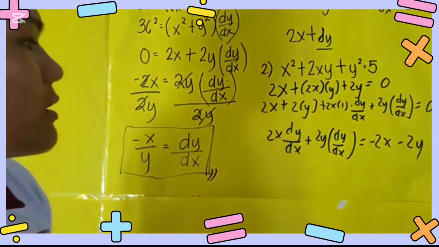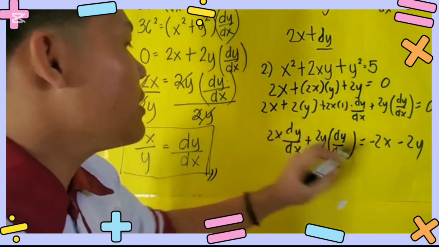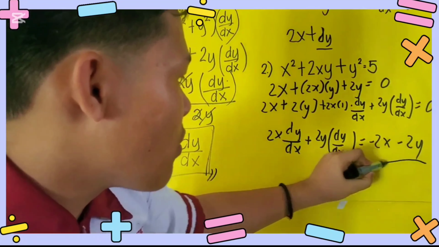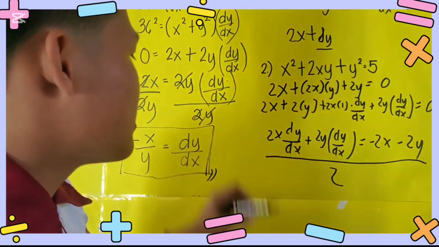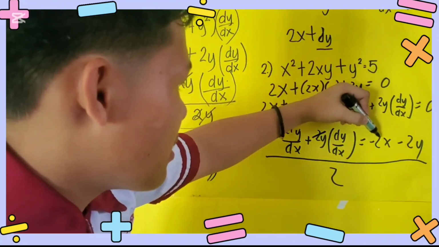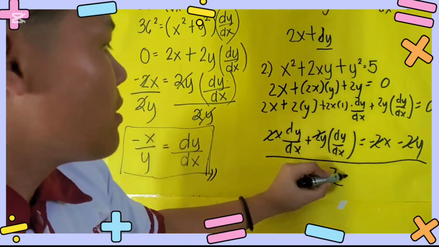Because they are all divisible by 2, we divide them by 2 and cancel this down.